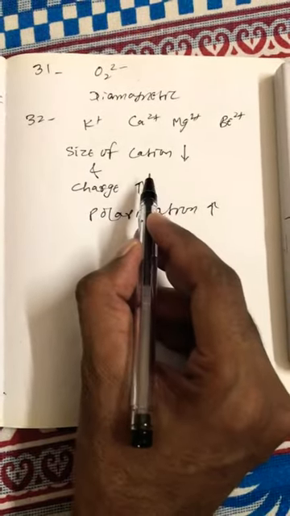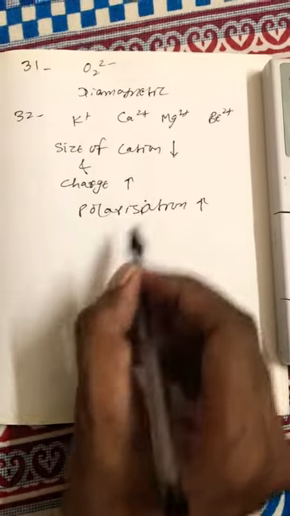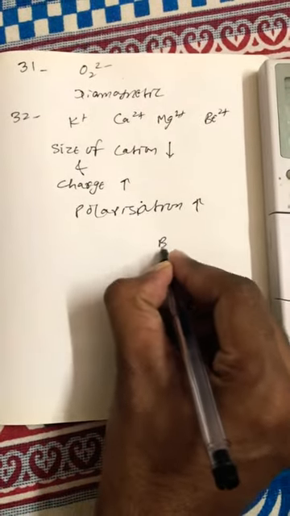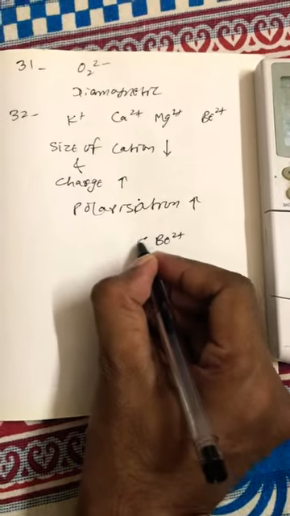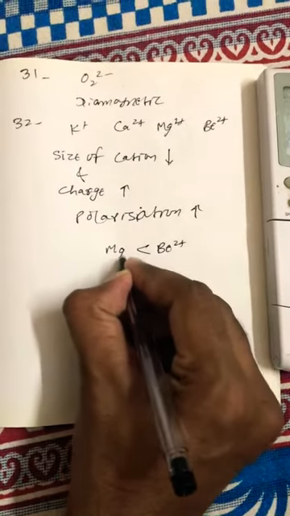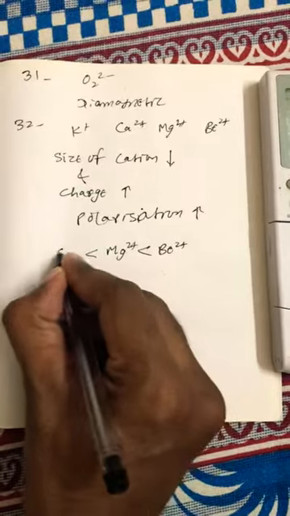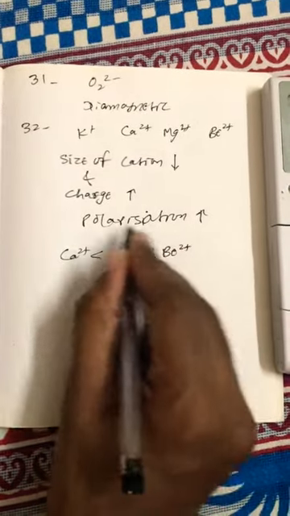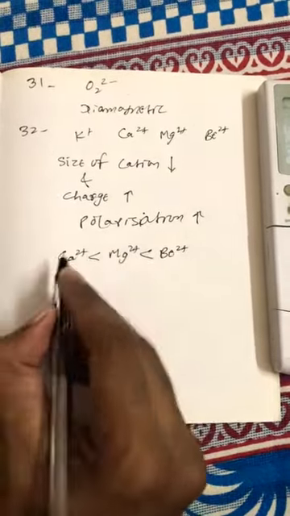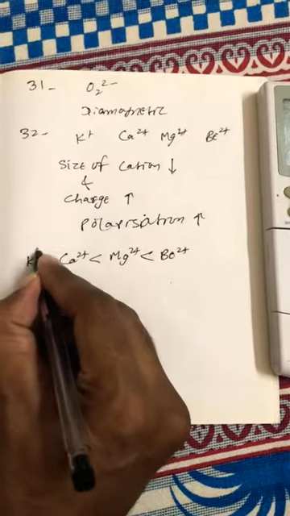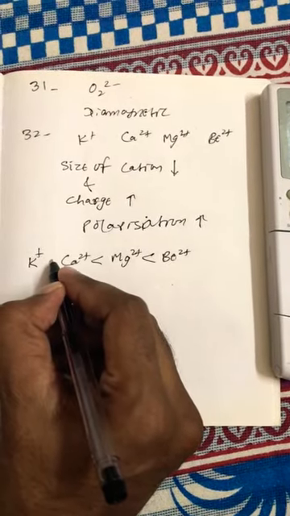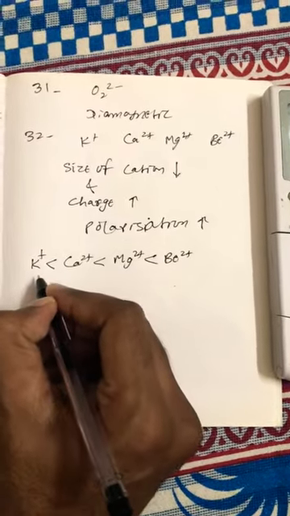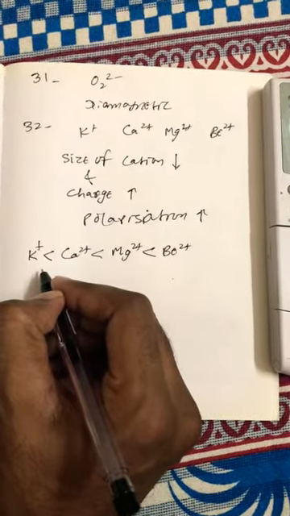So the smallest size cation will be Be2+, so its polarization will be maximum, then Mg2+, then Ca2+, and all of them have greater charge compared to K+. Simultaneously K+ is largest, obviously its polarization power will be minimum.